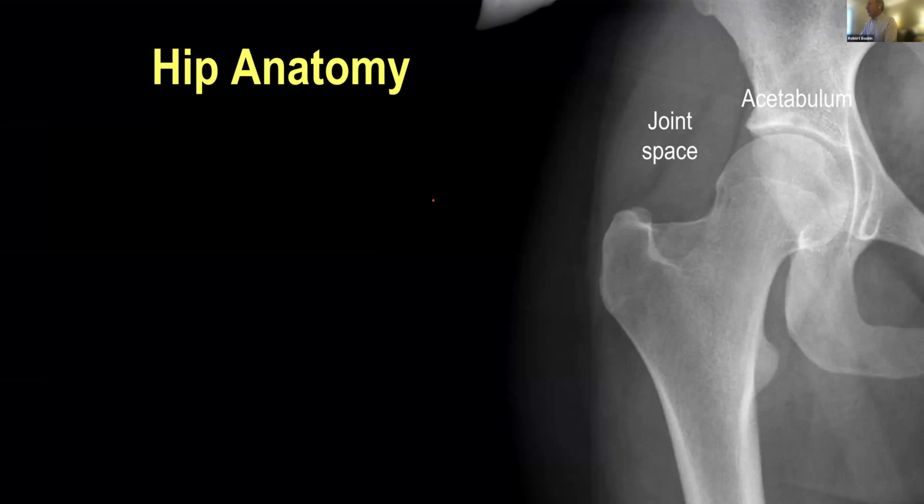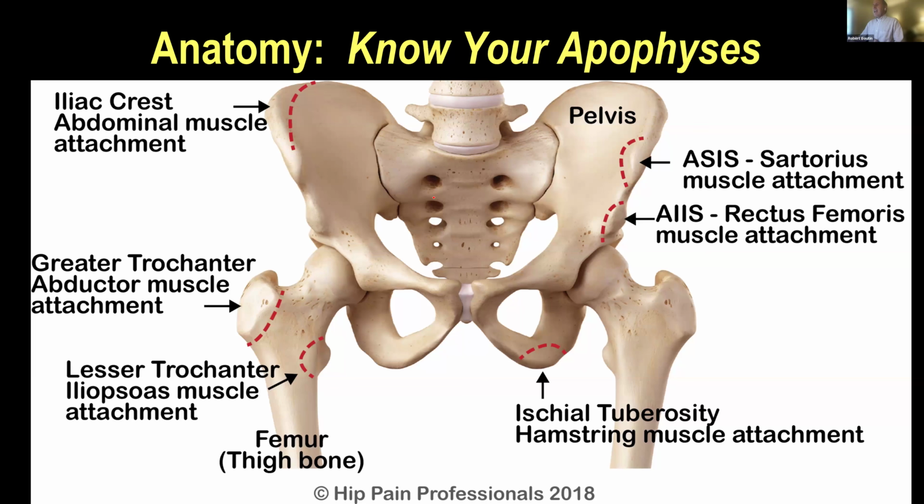When it comes to hip anatomy, there are terms that we often use to describe what's going on. Obviously, the acetabulum, the joint space, the femoral head, the greater and the lesser trochanters being key places to know about. Anatomy that comes in particularly handy, especially in adolescence, is the apophyses. There are certain types of pathology that occur in the apophyses, and in adolescence, the physes and apophyses end up being the weak link in the biomechanical chain.